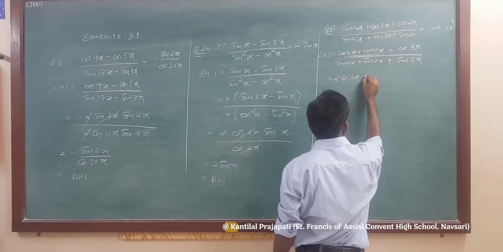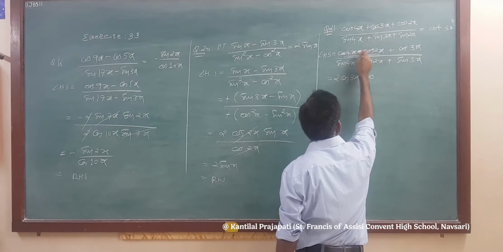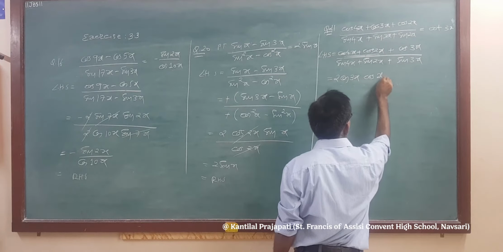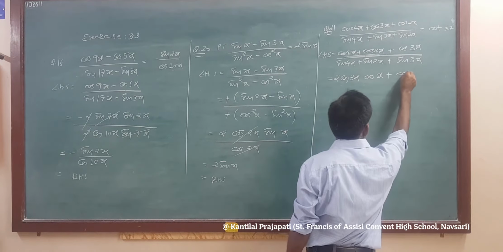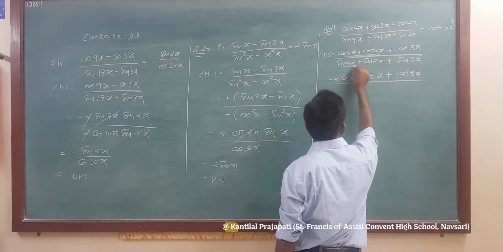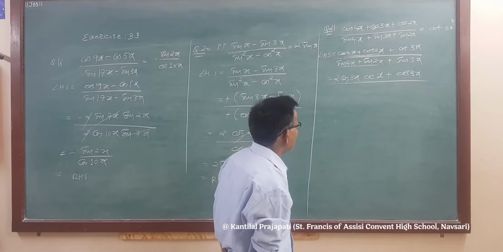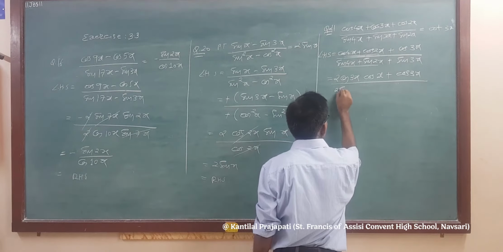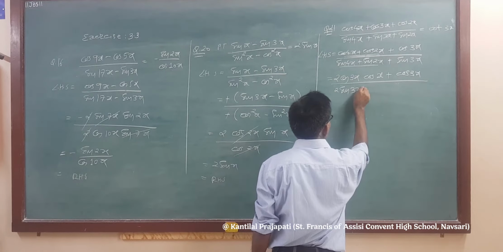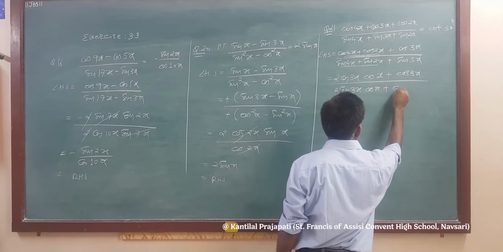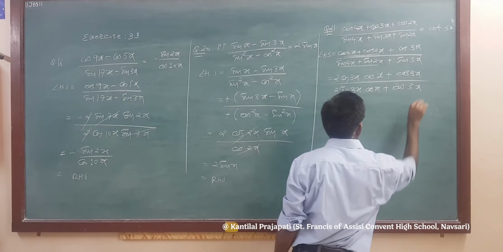And now the difference: 4x minus 2x is 2x, by 2 that is only x, cos x, plus cos 3x. Similarly here, sin plus sin, 2 sin 3x into cos x, plus sin 3x.